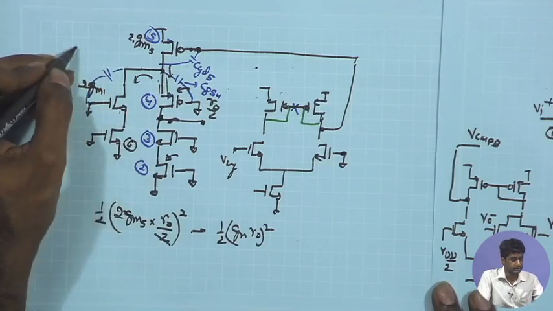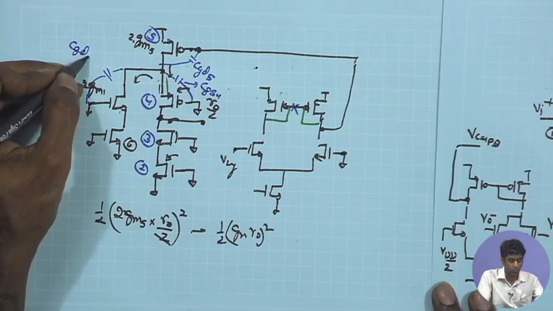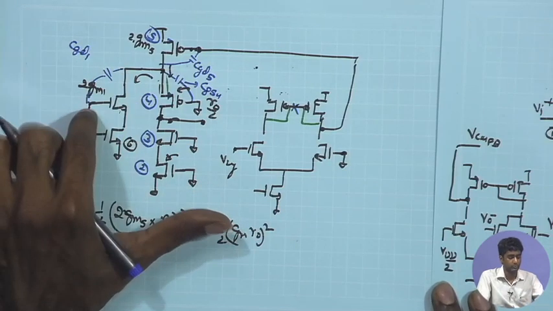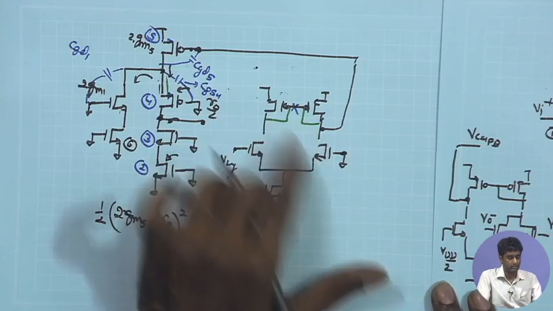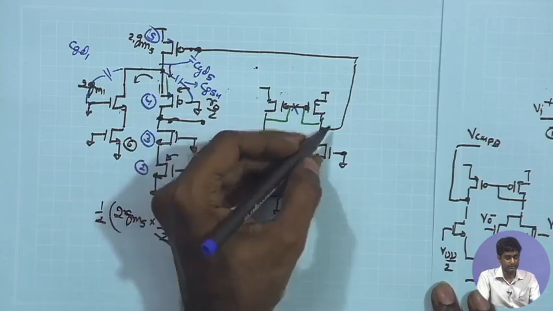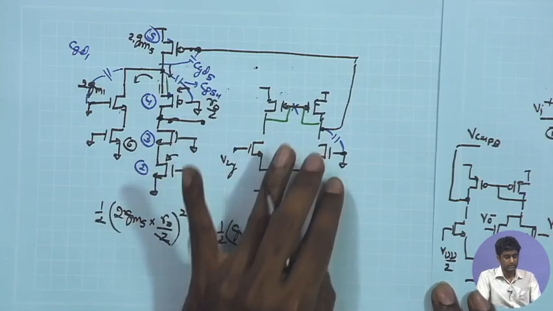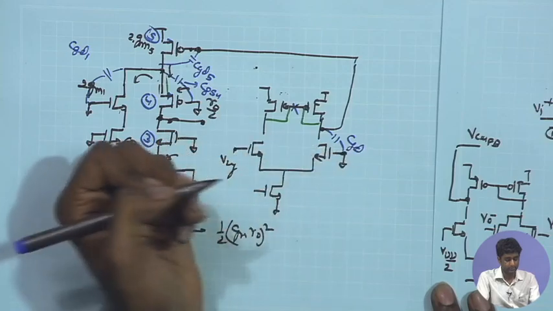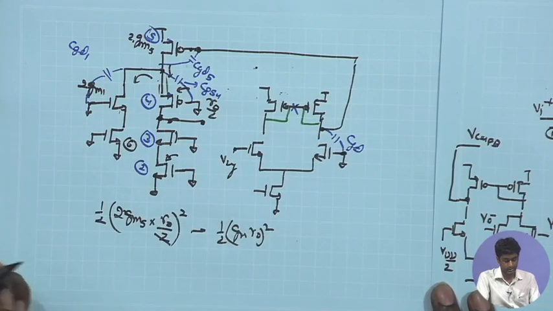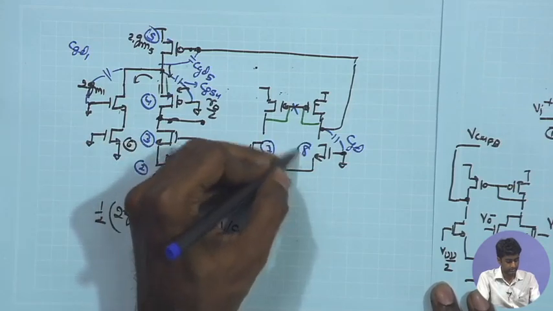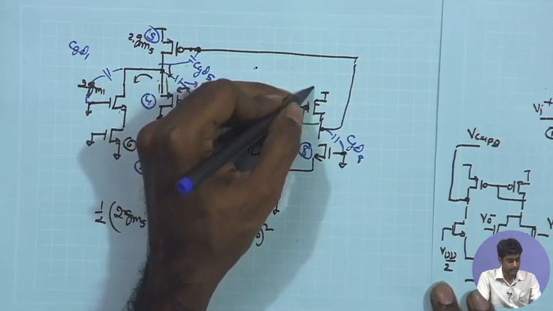Likewise, the CGD1 is going to appear as it is, because this also appears between this particular point and AC ground. And on the other side also you have some parasitic capacitances coming from this side. So in this particular amplifier, we have the CGD of this MOSFET. I can name this say 7, 8, CGD 8 and 9, 10.